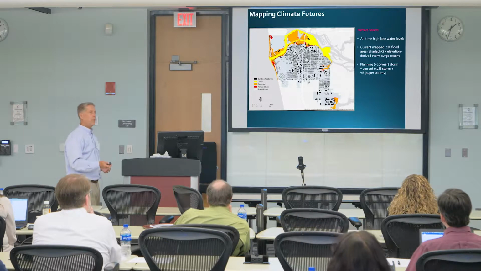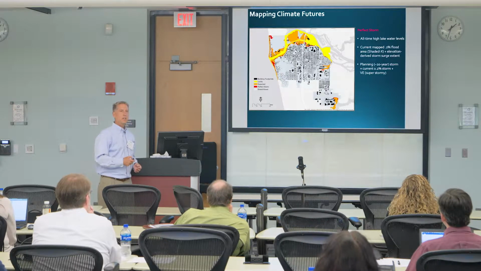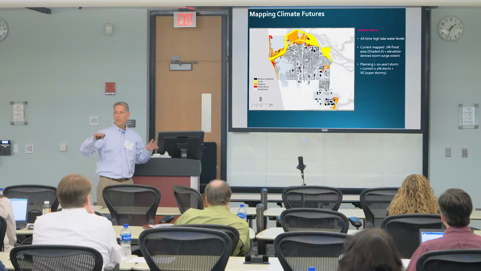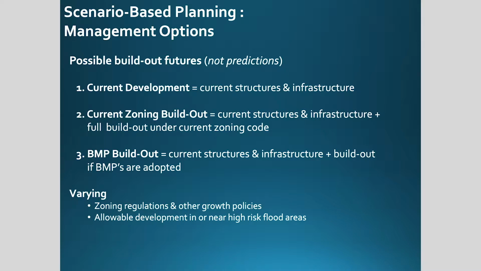So the first step in the scenario-based planning is to get the numbers, go to the website, look at the methods we've used to do the mapping, and Paul's going to talk a little bit more about how to do this kind of mapping and map your high hazard zones. The next step is to think about what management options a community might contemplate. For simplicity, again, we picked out three, and it's really an array of options.